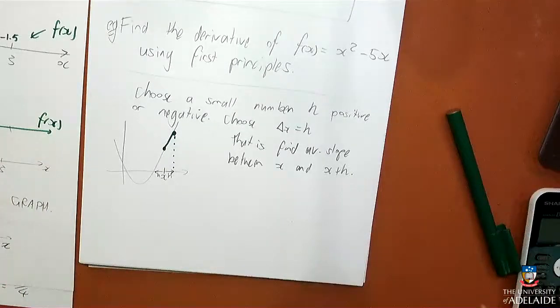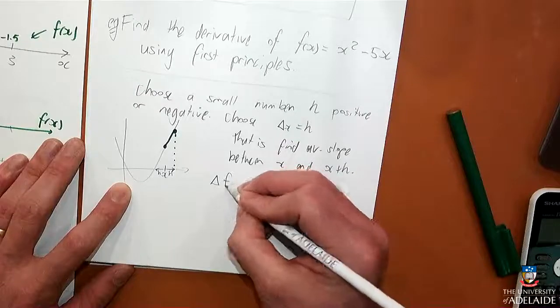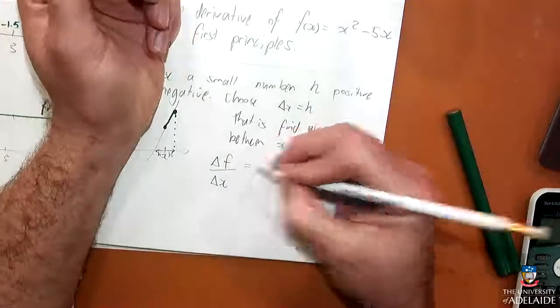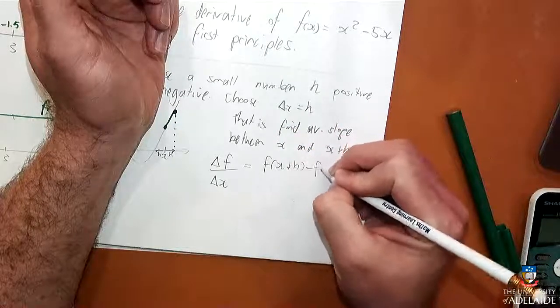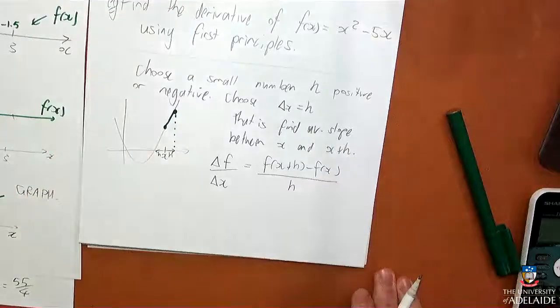Okay, well, the average slope between x and x plus h is, well, f of x plus h minus f of x divided by h. So let's see, the change in f of x over the change in x is f of x plus h minus f of x over h.